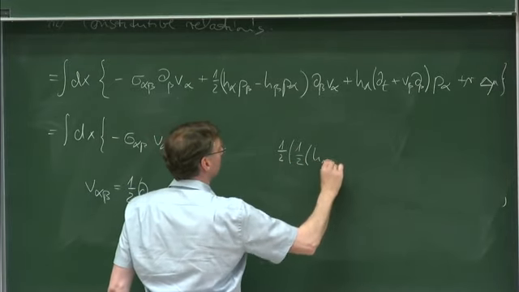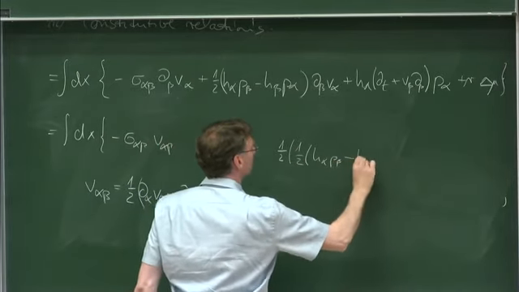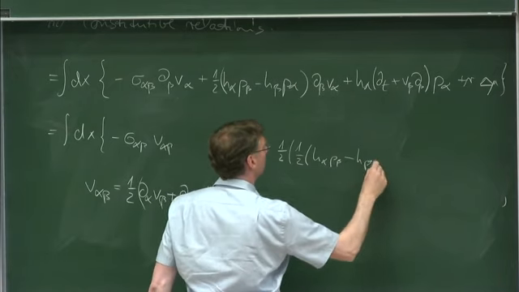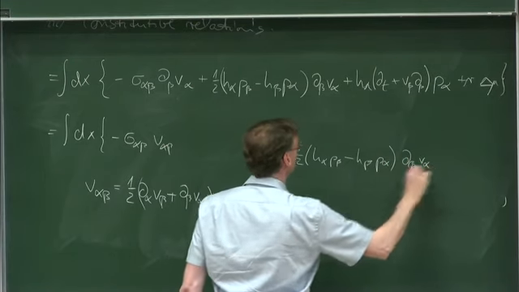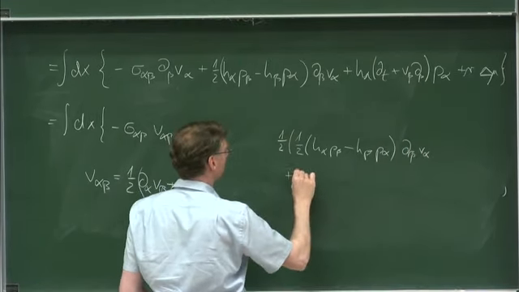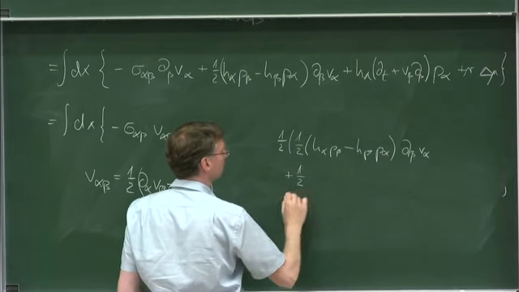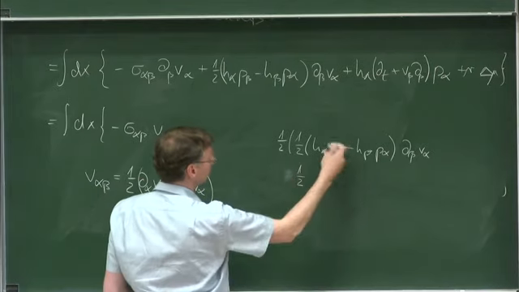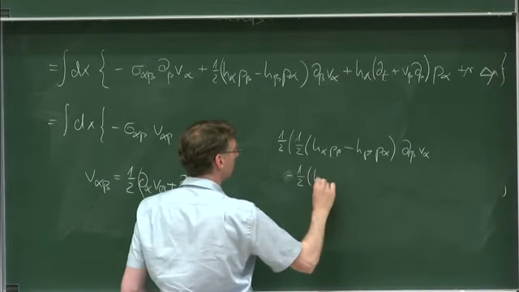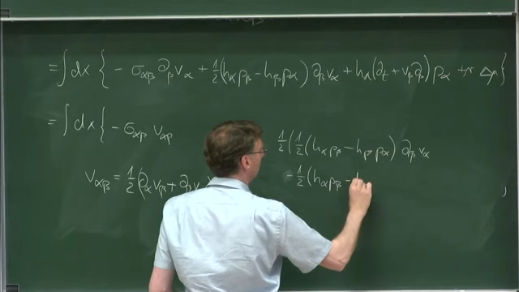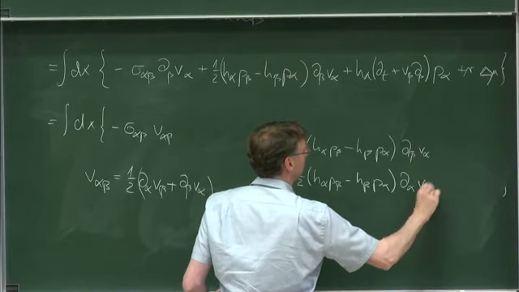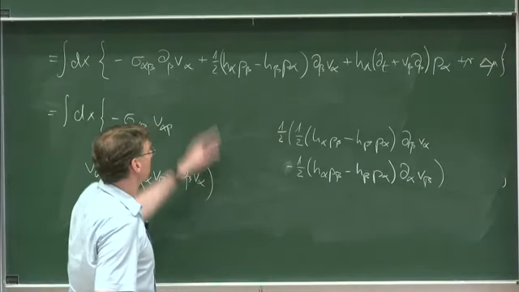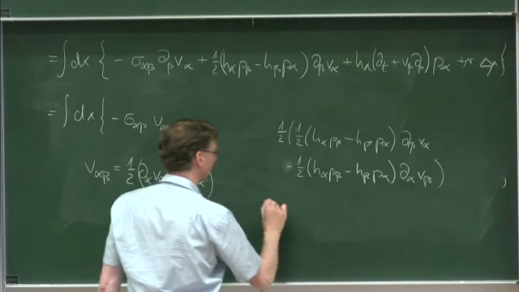So this is h alpha p beta minus h beta p alpha times d beta v alpha, plus, and then by just inverting and then changing the order, this gives me h alpha p beta minus h beta p alpha d alpha v beta. Right, so this is all this term.